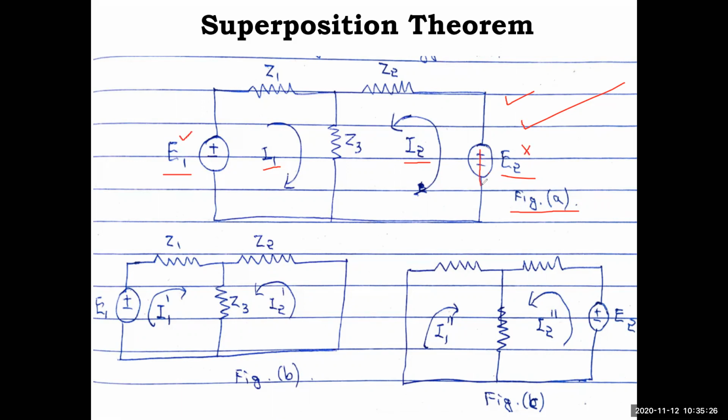So this is 0, and I will compute that. The equivalent figure is shown here as figure B. E1 is active and E2 is short circuited. Now I will write the equations for this and the solution also. Here also I will find the solution for I1 and I2, so we'll write two equations. If you know two equations are there, how to solve, right?